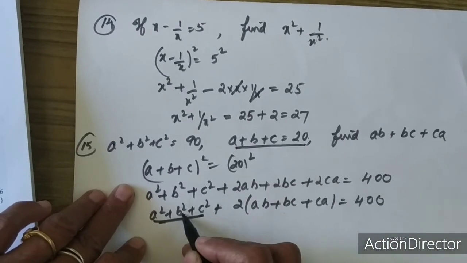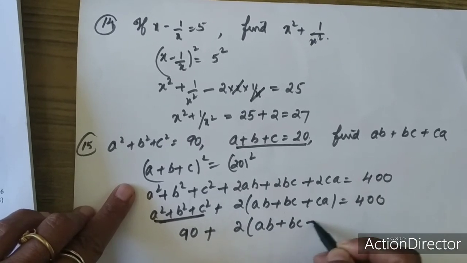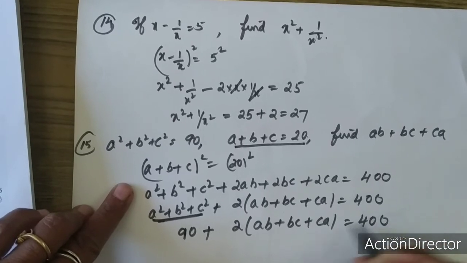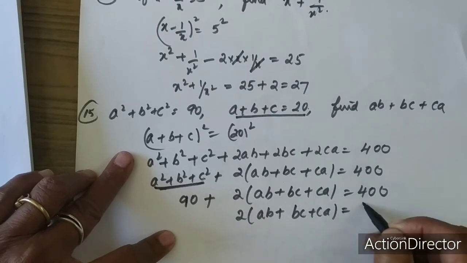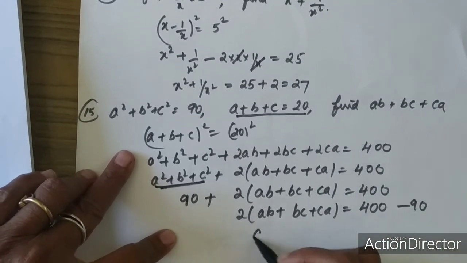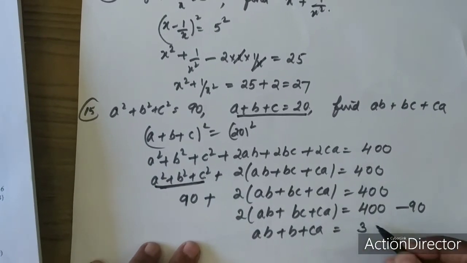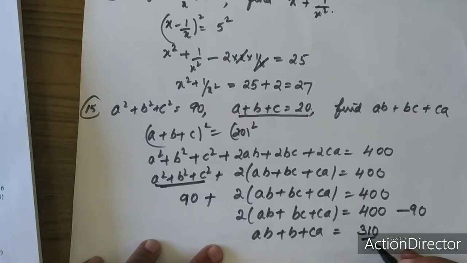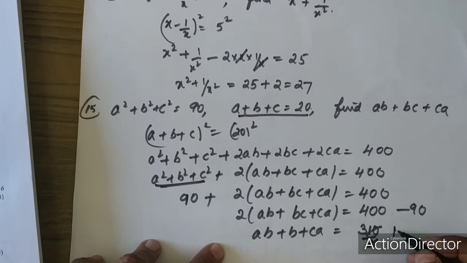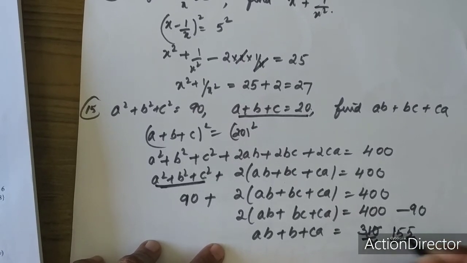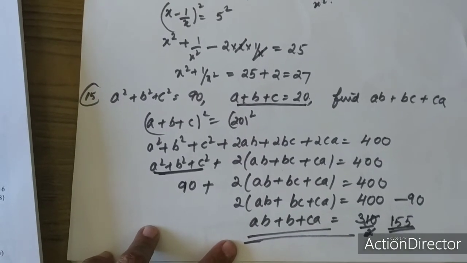The value of a square plus b square plus c square is given as 90, plus 2 into ab plus bc plus ca is equal to 400. 2 into ab plus bc plus ca is equal to 400 minus 90, so ab plus bc plus ca is equal to 310 upon 2, which is equal to 155.